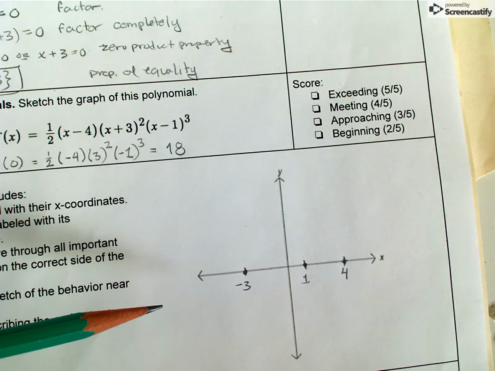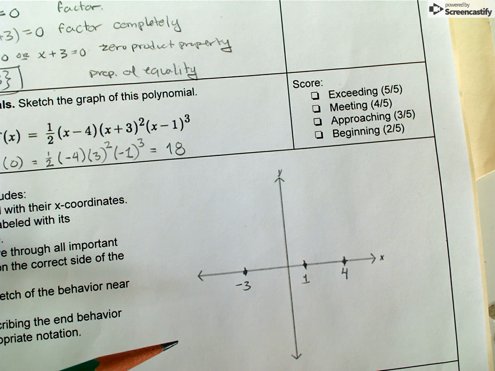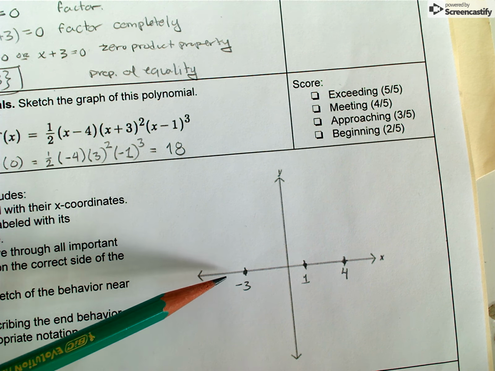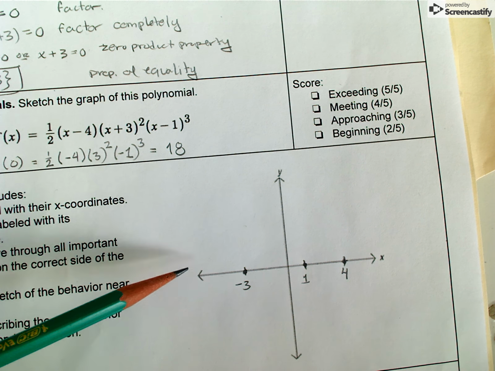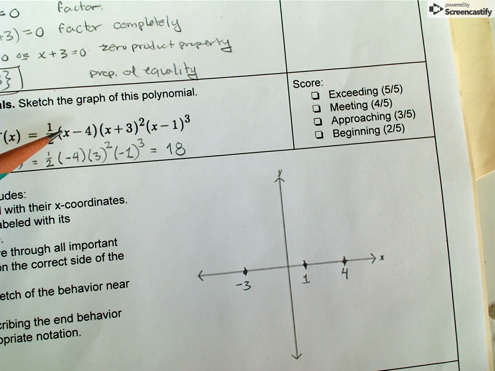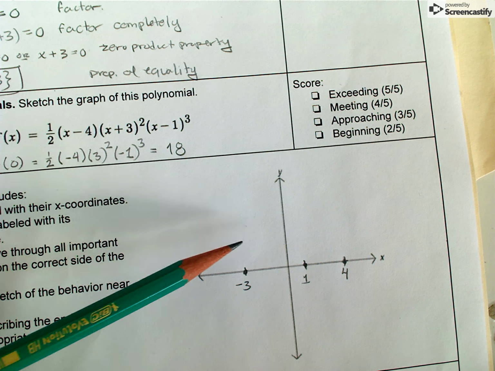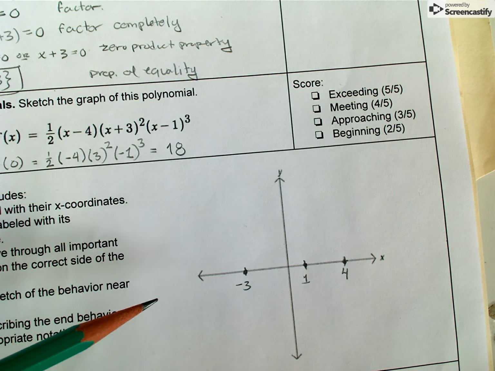One of the ways that we determined this before was by picking a number on, say, this interval, like -4 or -5 or -6, and then plugging it into the original formula and determining whether or not the result was positive and thus above the x-axis, or negative and below the x-axis.